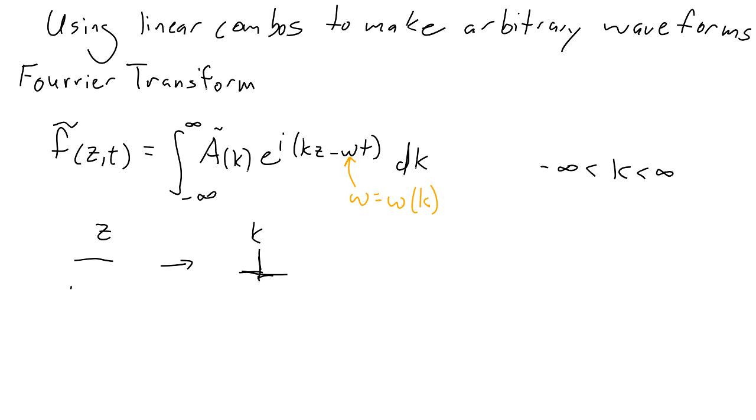Something that is a pure cosine or pure sine is going to correspond to a delta function at 2 pi over lambda and minus 2 pi over lambda.